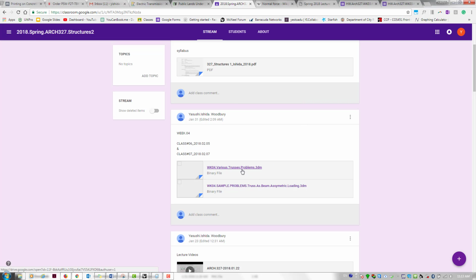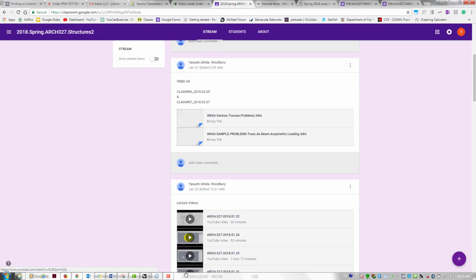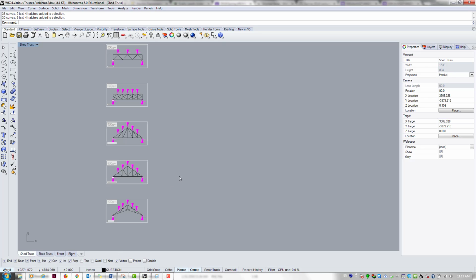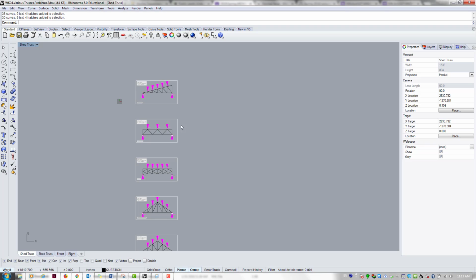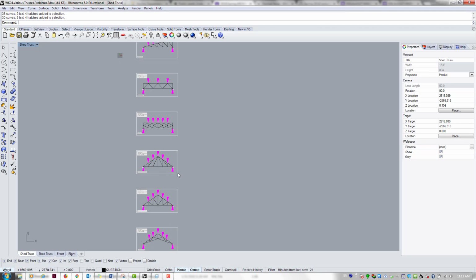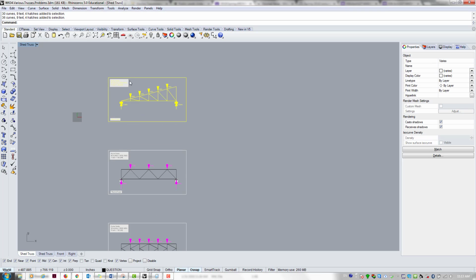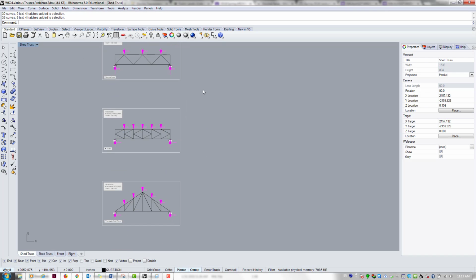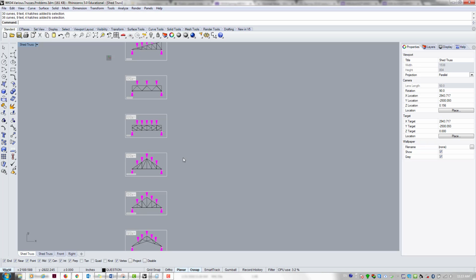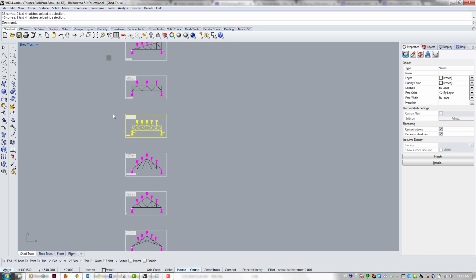Now going to the various truss problems on here. Alright, so we can look at whichever one. I already explained this one in the video, so you can watch that. That one's probably going to take the longest. Should I do that?